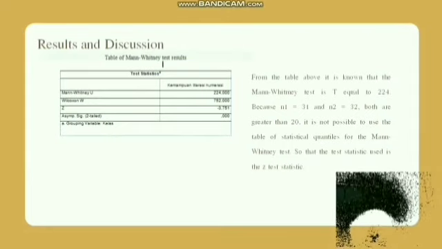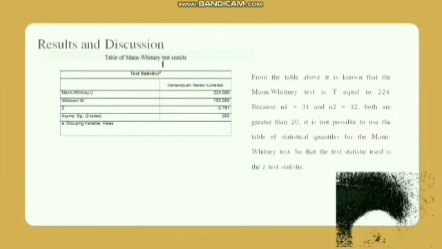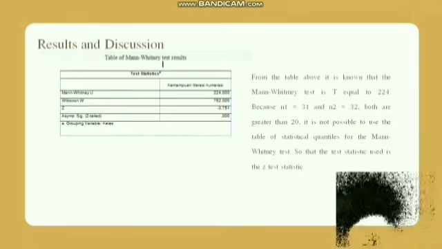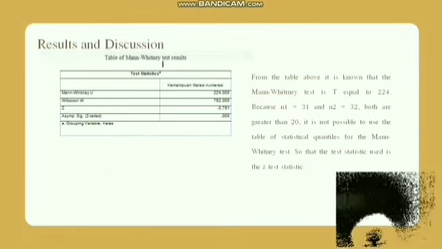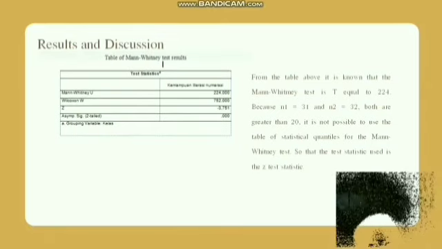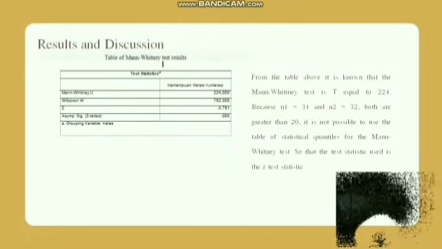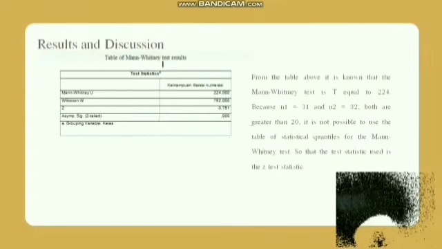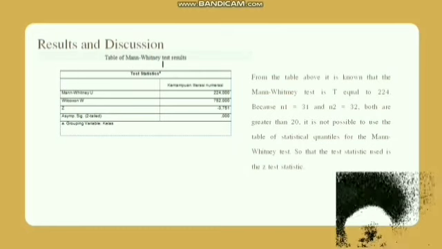From the table above, it is known that the Mann-Whitney test value is 124, because the sample sizes 31 and 32 are both greater than 20, it is not possible to use the table of statistic quantities for the Mann-Whitney test, so the test statistic used is the z-test statistic.